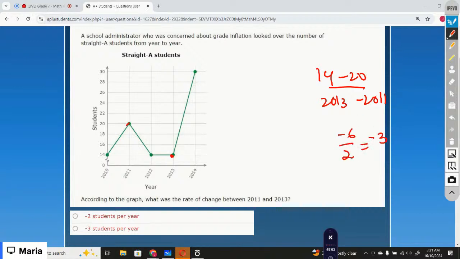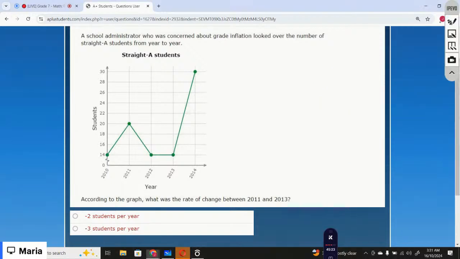The correct option is negative 3. The correct option is negative 3 students per year.